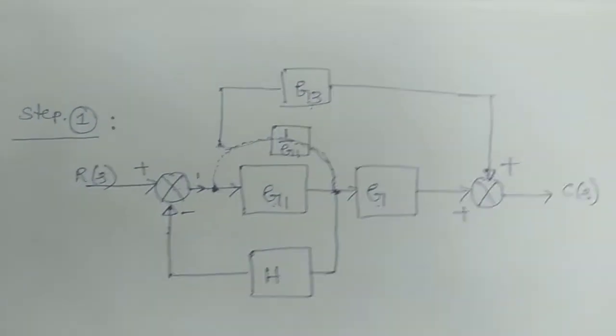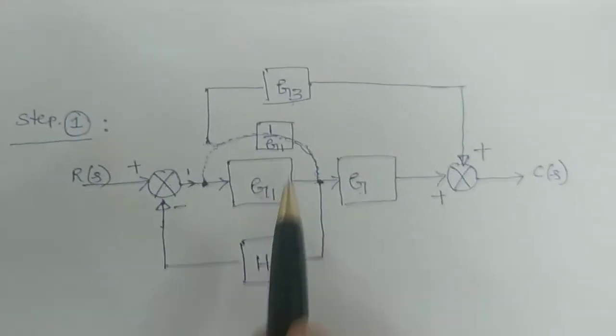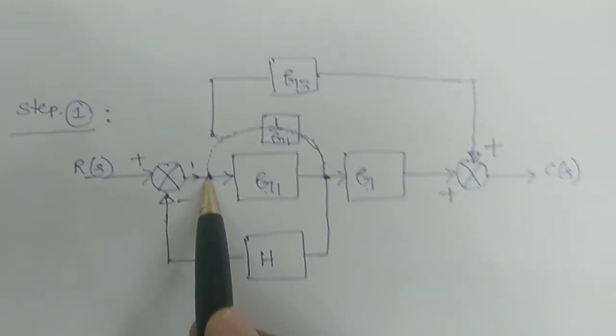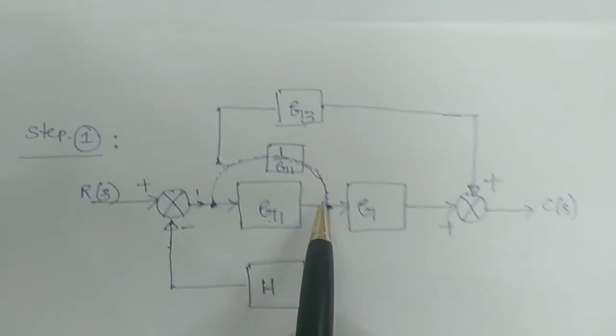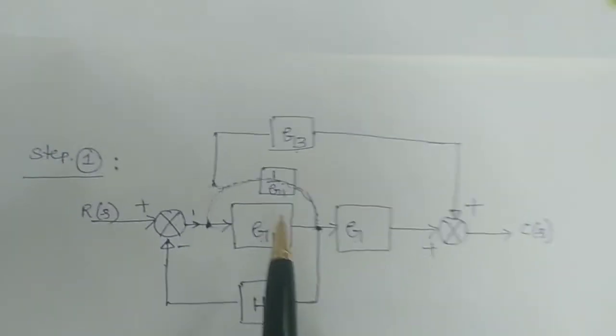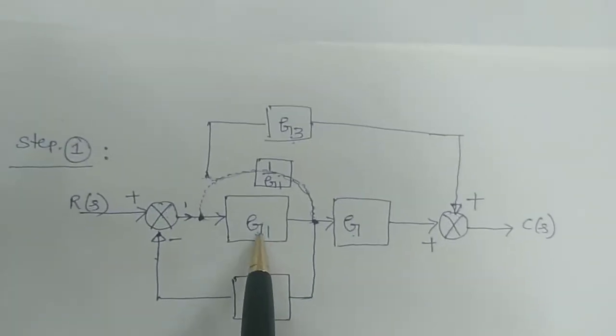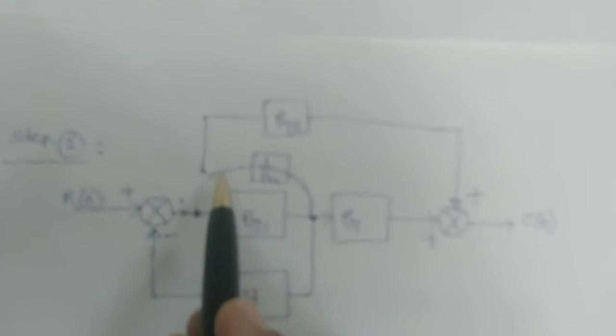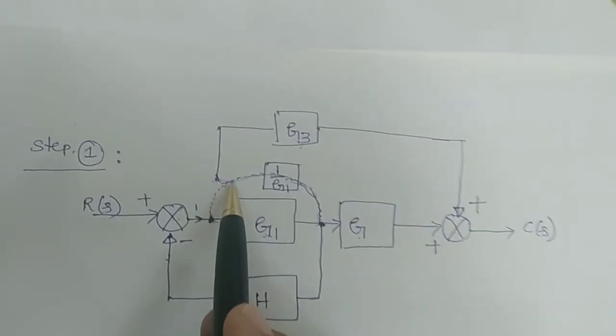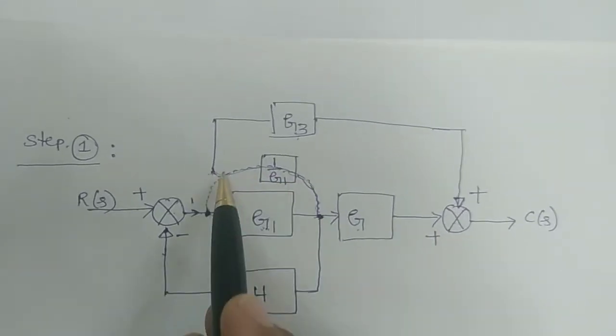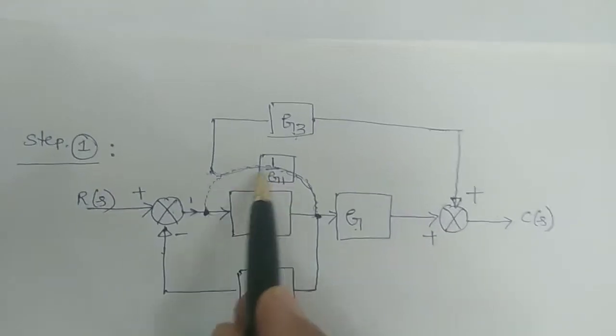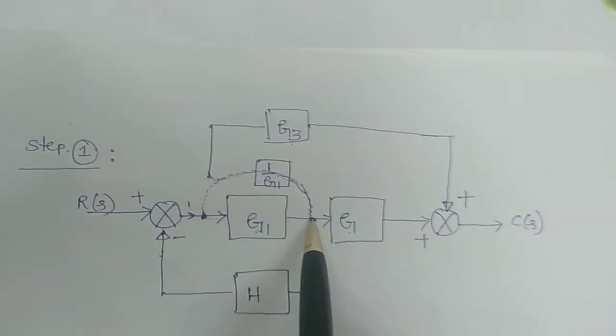This is a very important point, you should remember that. Whenever you shift the takeoff point after the block, then 1 by the gain of that block will come in that path as a gain.